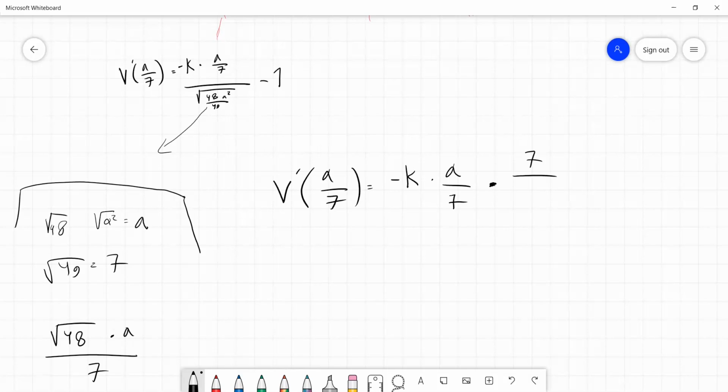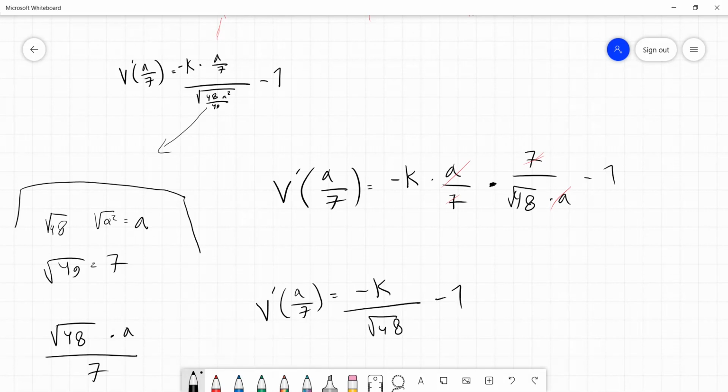So 7 over root 48 times a, minus 1. And now if you picked up, we could cancel the 7s and the a's. And finally, we are left with the most simplified form, I believe. Negative k over root 48, minus 1.